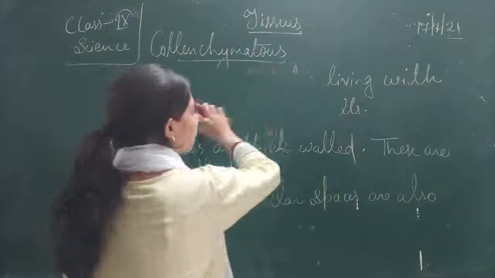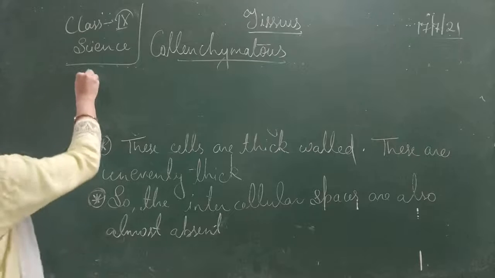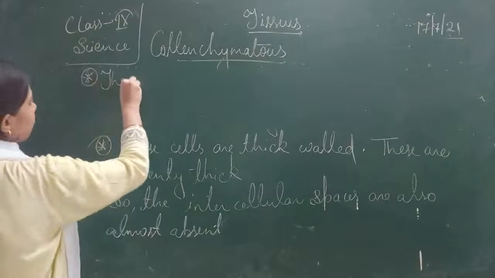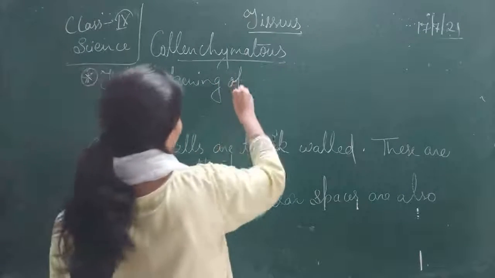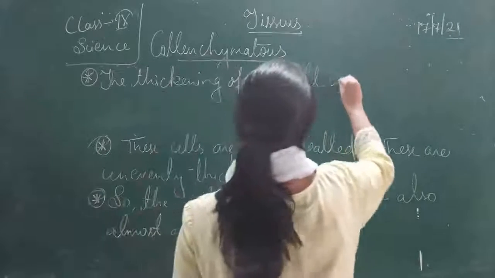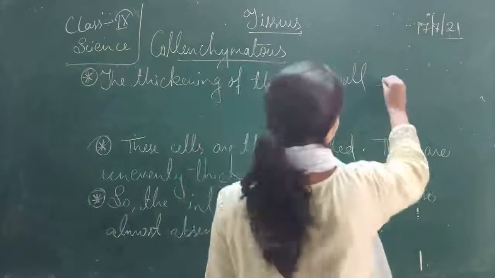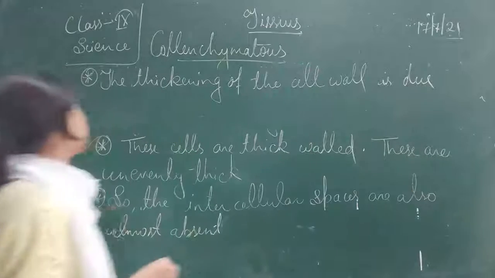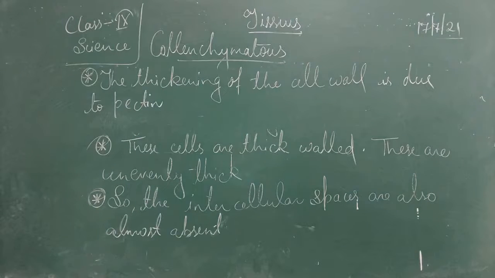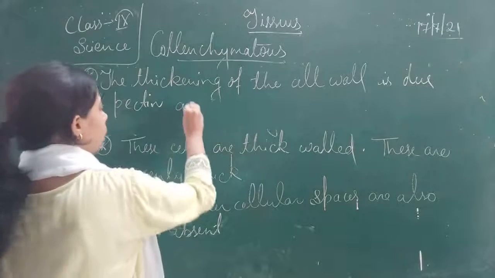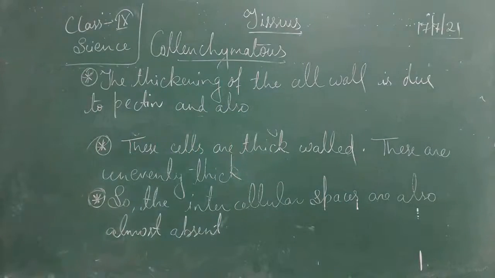Now let us see the other point, that the thickening of the cell wall is due to the presence of pectin in it. So the thickening of the cell wall is due to pectin and also because of cellulose present in it.